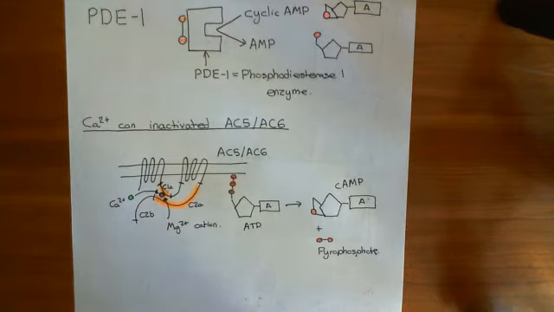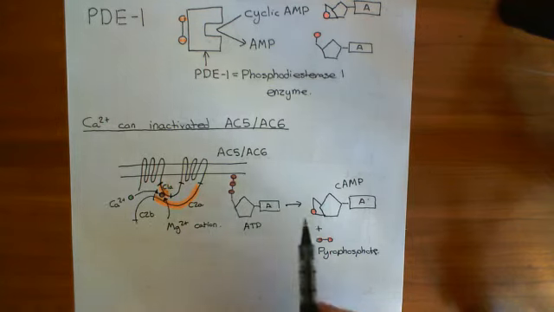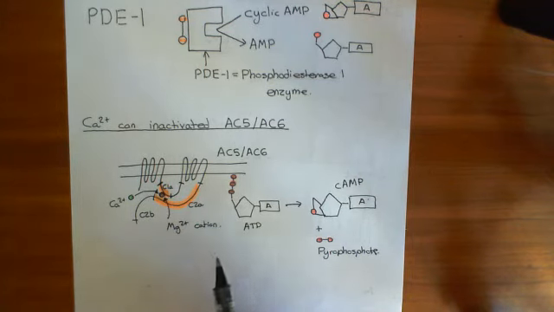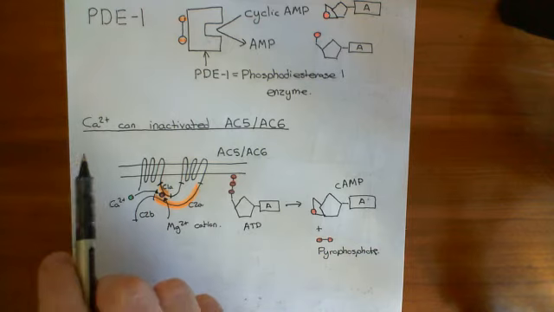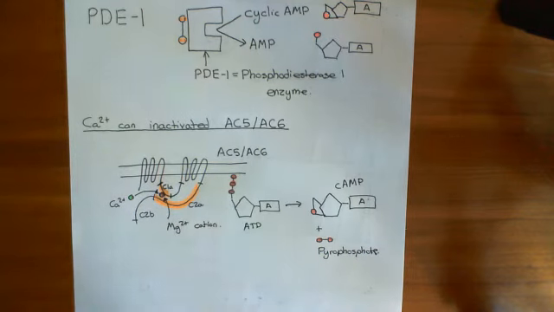And when it does, it means that you can't bring in another ATP molecule because the pyrophosphate is in there inhibiting this enzyme. So that means that calcium overall blocks the enzyme because it holds on to this pyrophosphate, which blocks the enzyme. So basically calcium can inactivate these adenylyl cyclase 5s and these adenylyl cyclase 6s.